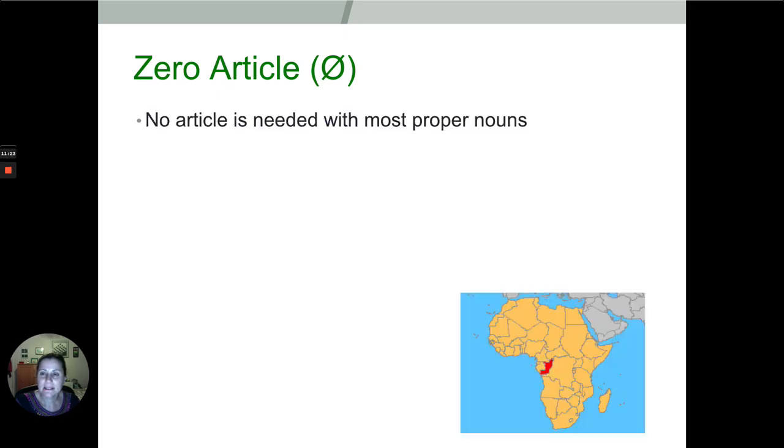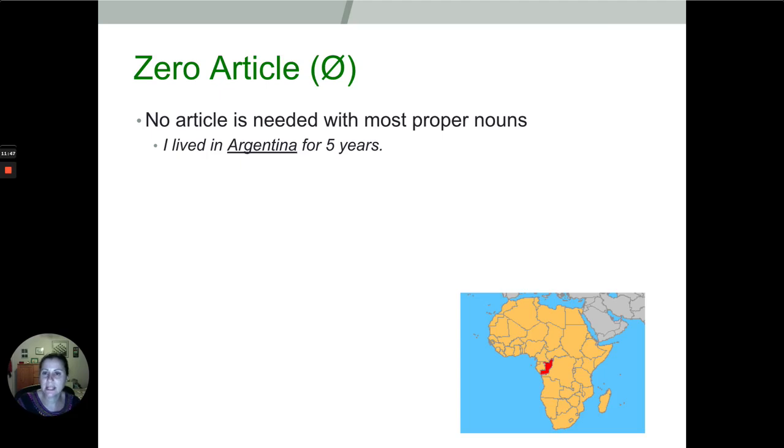And so I gave you some examples when we use the with some proper nouns, like the Pacific Ocean, the United States, the Netherlands. But a lot of times we don't need an article with proper nouns. Like most countries, like Argentina, Vietnam, China, Taiwan, you just say the country.